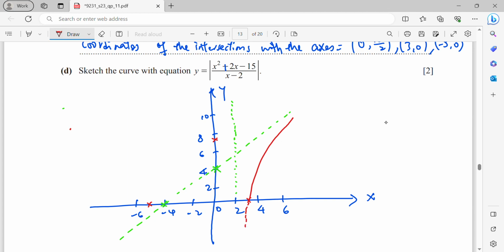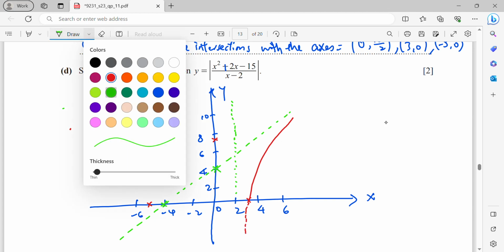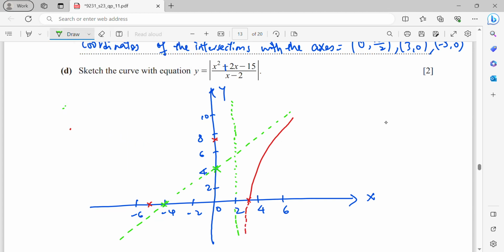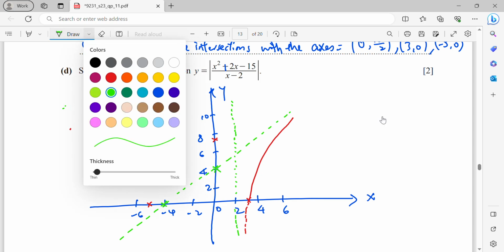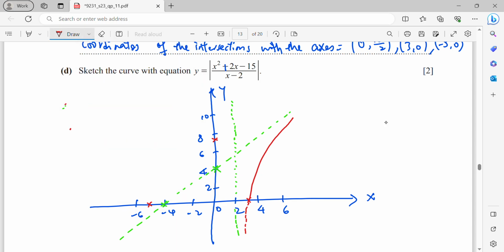This is supposed to be my original graph, but because of the modulus, we need to reflect later on. Okay, I will draw the original graph first.